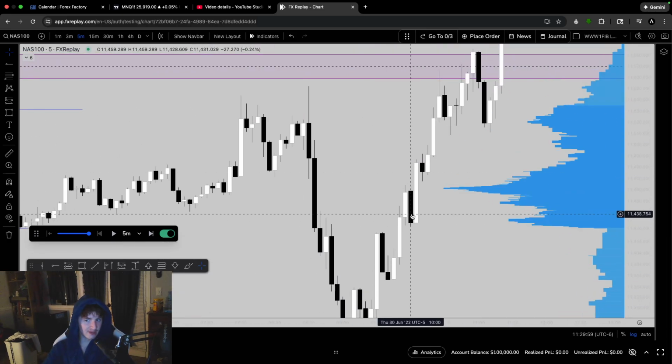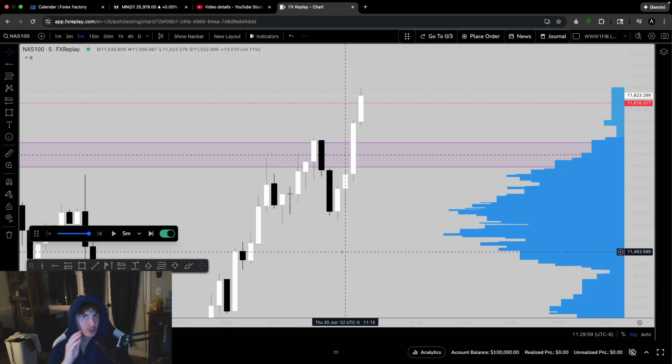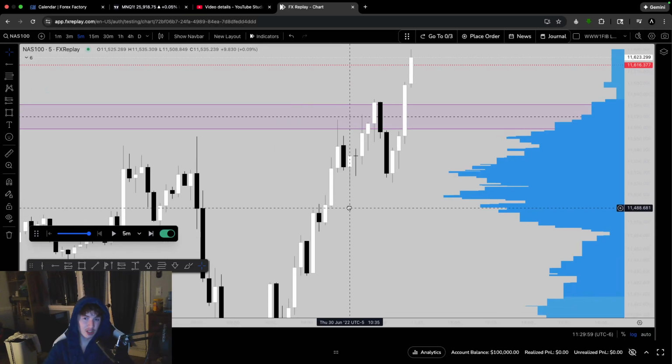It seems to always have an initial reaction off this area. I don't know if anybody's going to see this 22 minutes in. It's going to be hidden from the entire world. I don't think with this strategy you would target.